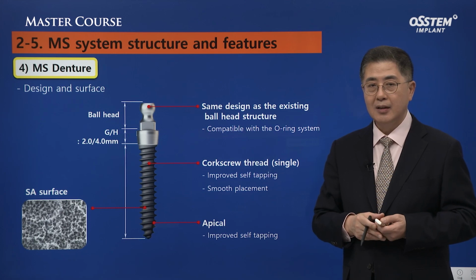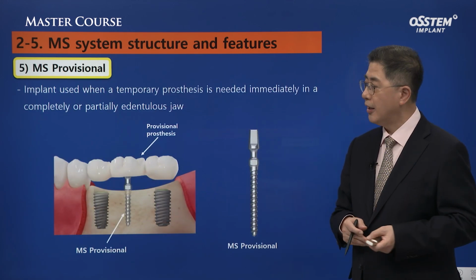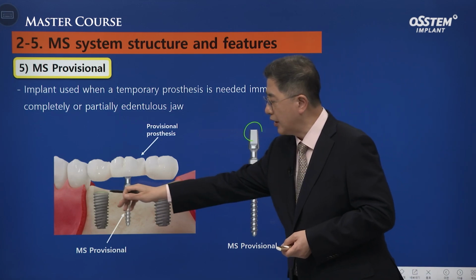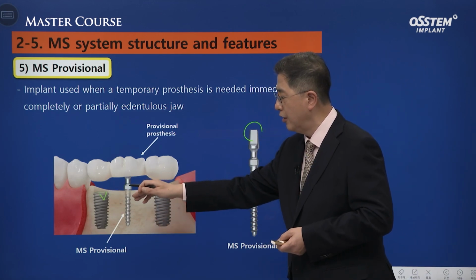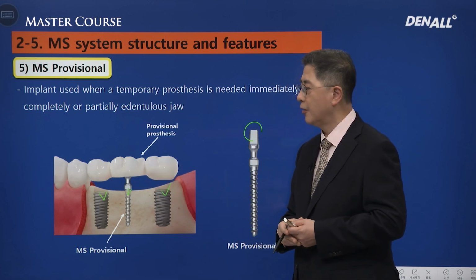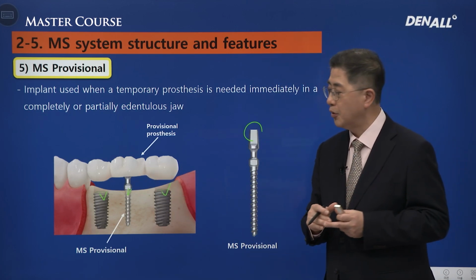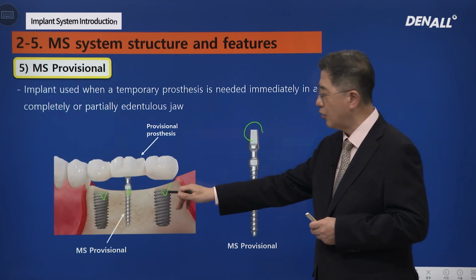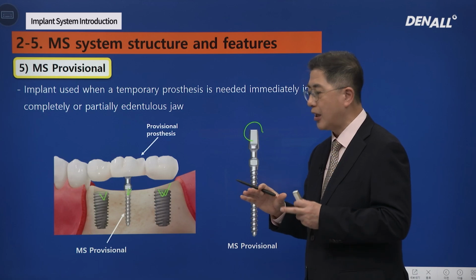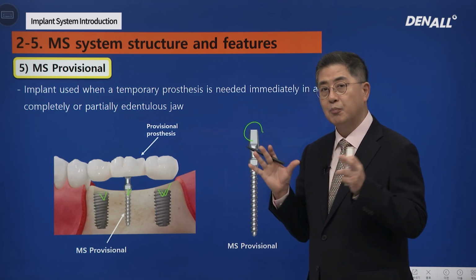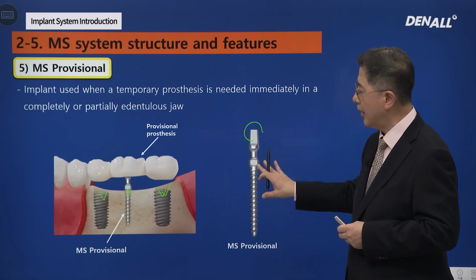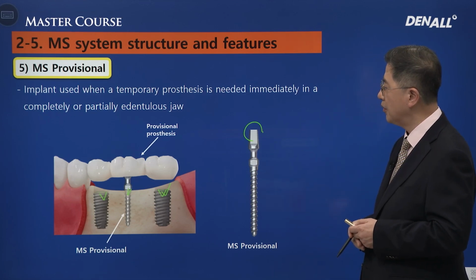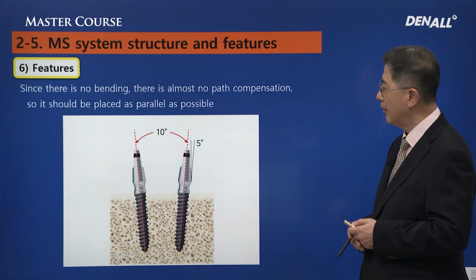In multiple missing cases, when we place implants, during the osseointegration phase, we can use this provisional to restore masticatory function. Personally, osseointegration speed has accelerated, and by just placing 3 to 4 implants, you can provide the provisionals right away. So I rarely use this.